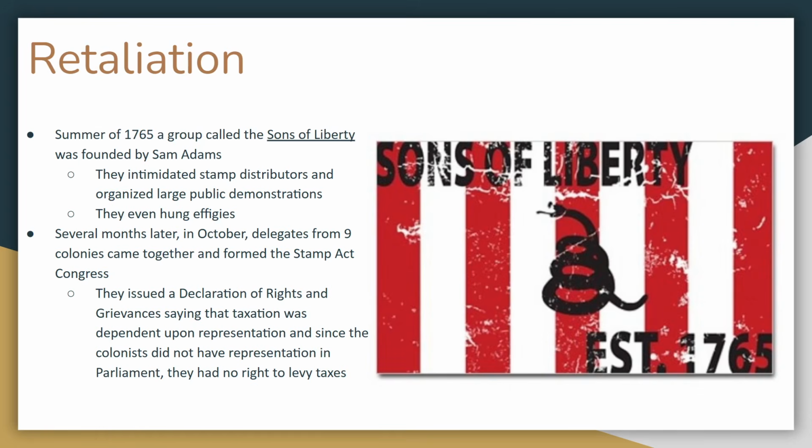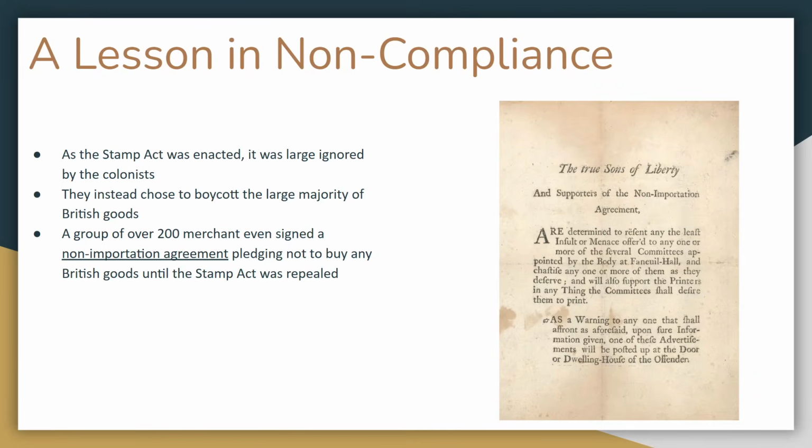So what they're really getting at here is they are being taxed by a government who does not take their opinions or what they want into effect when creating policy.